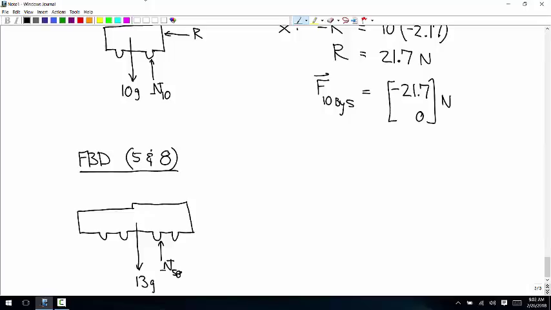And then where else is there contact with the surroundings in this boundary? The force over here, it's pushing, so it's not a cable. There's the 50 newton force here, and then on the other side, there's this force, I'll call it R2.